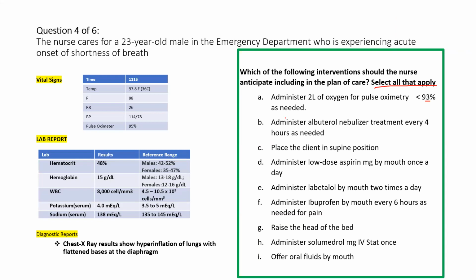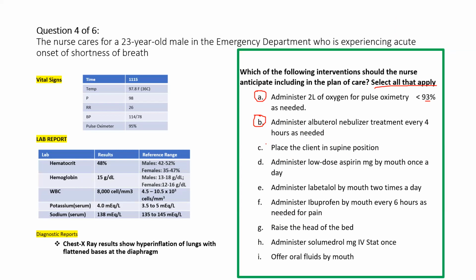Yes or no? Yes, very good. So I would do that. How about administer albuterol nebulizer every 4 hours as needed? Yes, we would need that because that's a short-acting beta agonist.